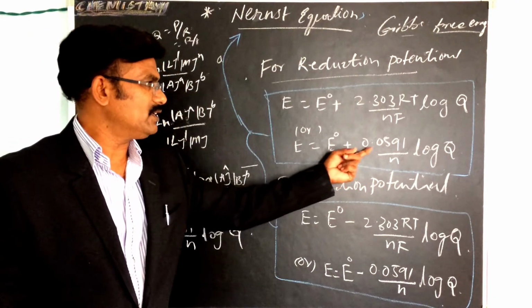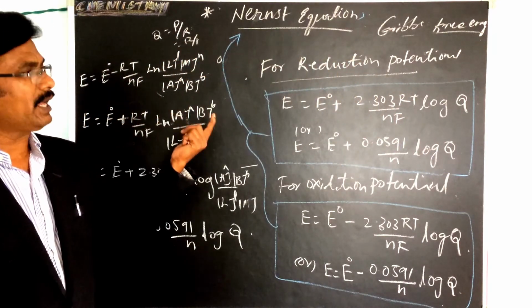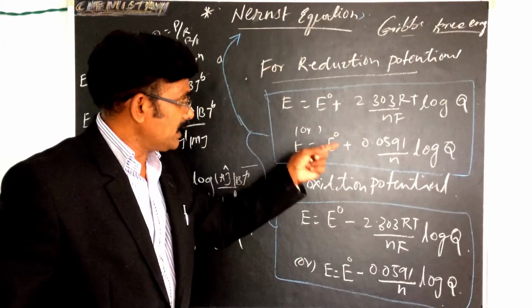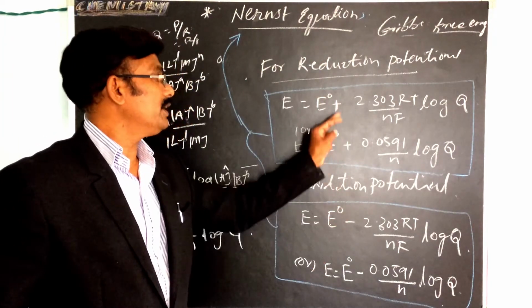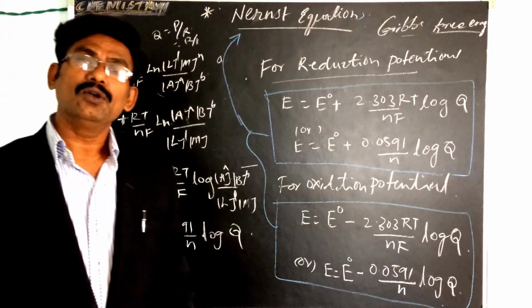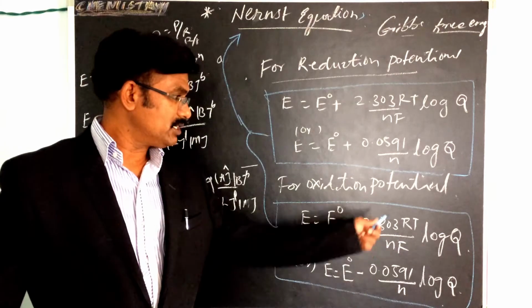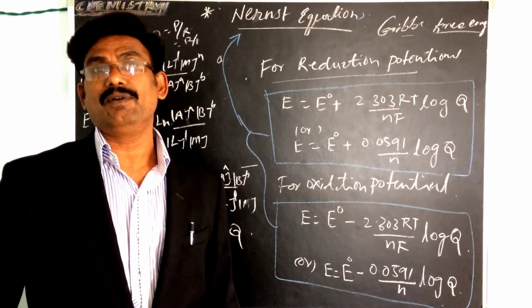Q is reactant by products. For oxidation, a minus value; for reduction, a plus value. These are very important for calculation and determination of pH value.